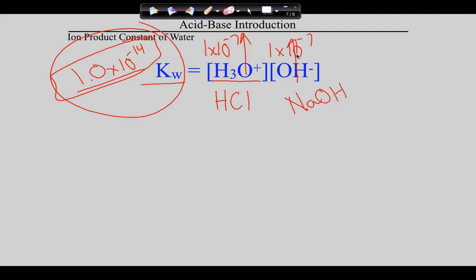So what has to happen to hydronium ion? It's got to go down in order for the equilibrium to remain the same so Kw doesn't shift. So guys, this equation is going to be very helpful to us because if we know one value, we can then figure out the other value because Kw doesn't change. Does that make sense? Do you see where we're going with that?